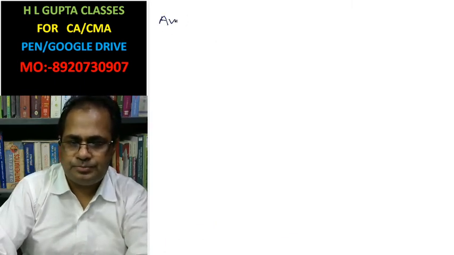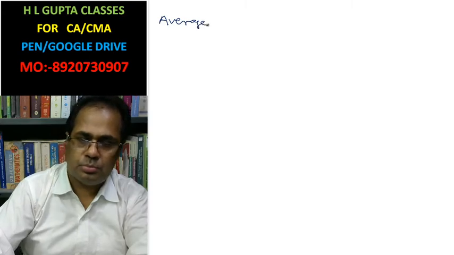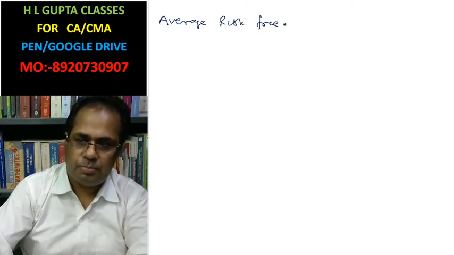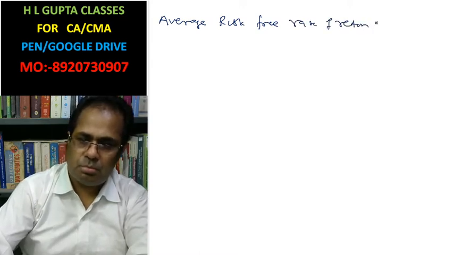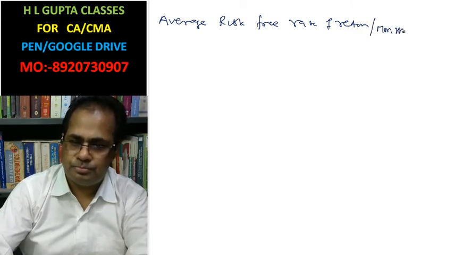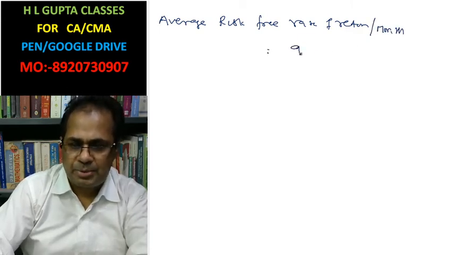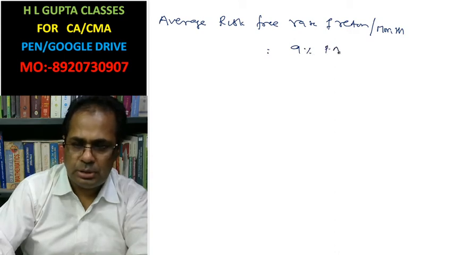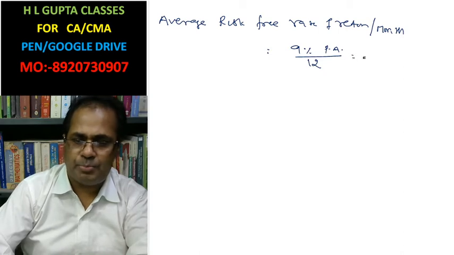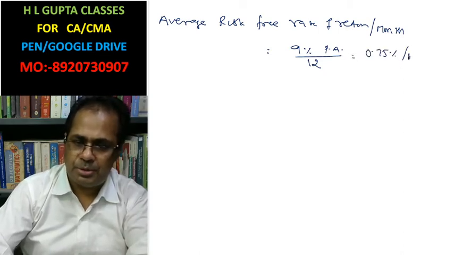Average risk-free rate of return per month. This is a 9% per annum, divided by 12, we can get per month 0.75% per month.